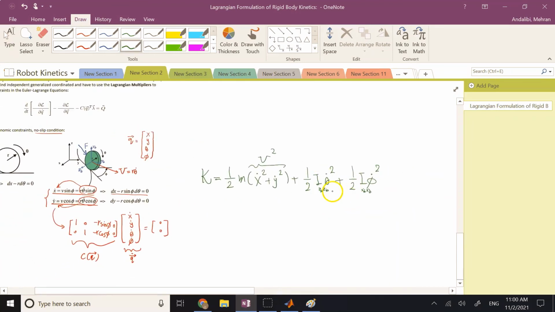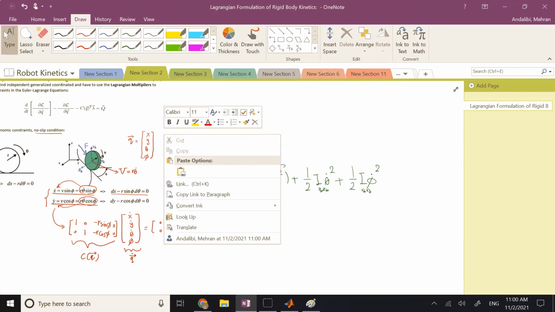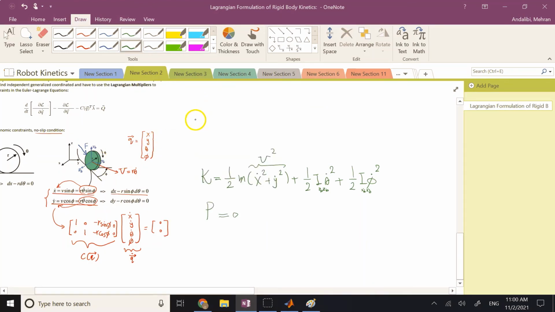2 rotational terms, 1 translation. Then potential energy here, we can consider it to be 0 as long as this guy does not tilt on the side. So as long as it keeps going vertically. So if you look from this direction of V or this YB, the coin always stays straight like this.